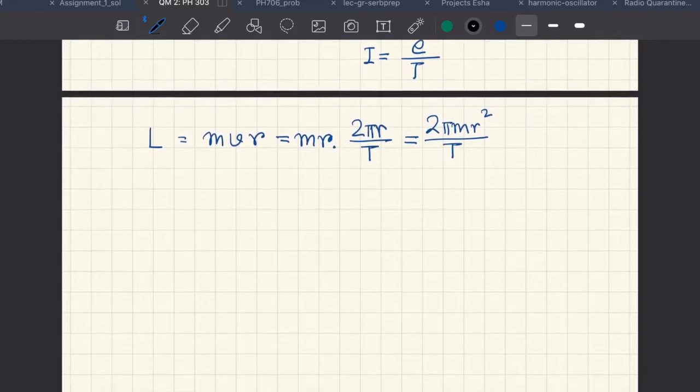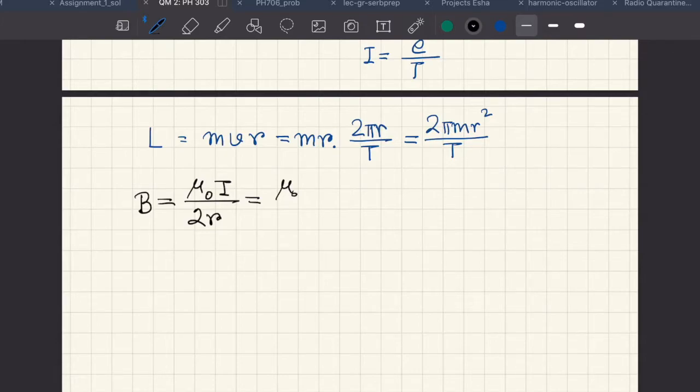you can write down the magnetic field B as mu naught I by 2r, which is nothing but mu naught, and I you have just written as E by capital T, is 2r capital T, which is mu naught E by 2r.